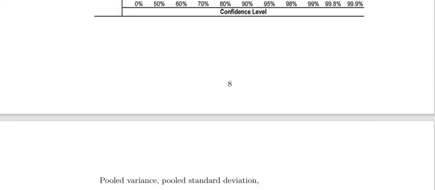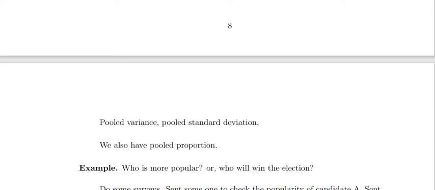Now let's consider this problem. We have pooled variance, pooled standard deviation, where pooled means put together. We have this pooled mean, pooled variance, pooled standard deviation.